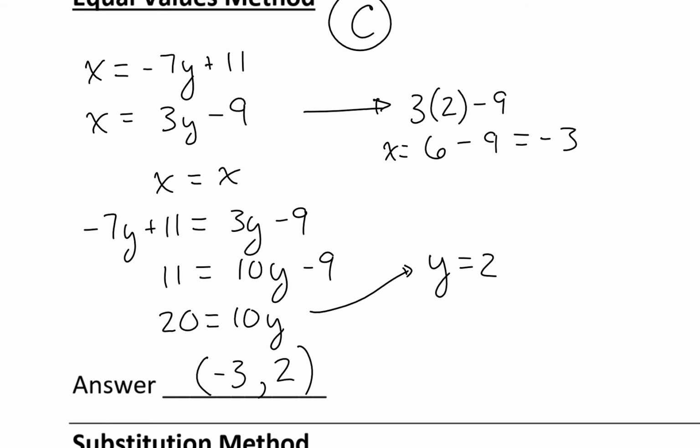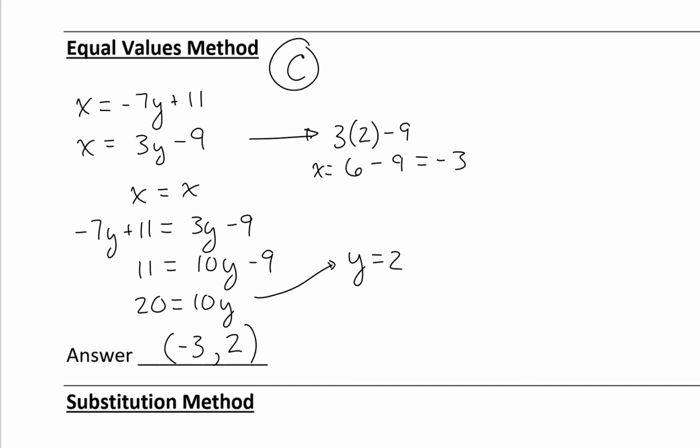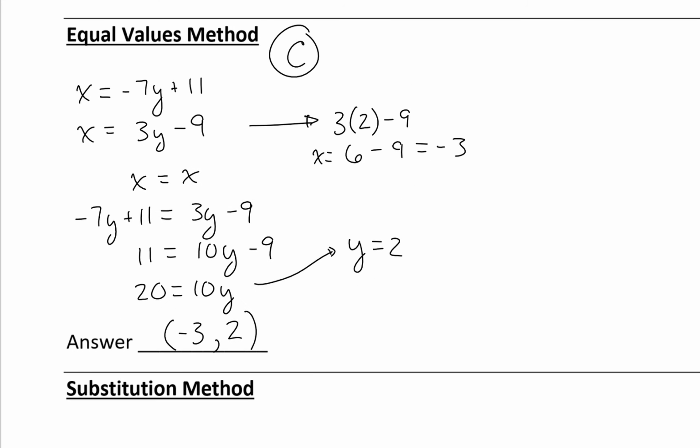In the second equation, I have to use y is 2. So 3 times 2 is 6, and 6 minus 9 is negative 3. So it also works there. That is definitely the solution, negative 3, 2.